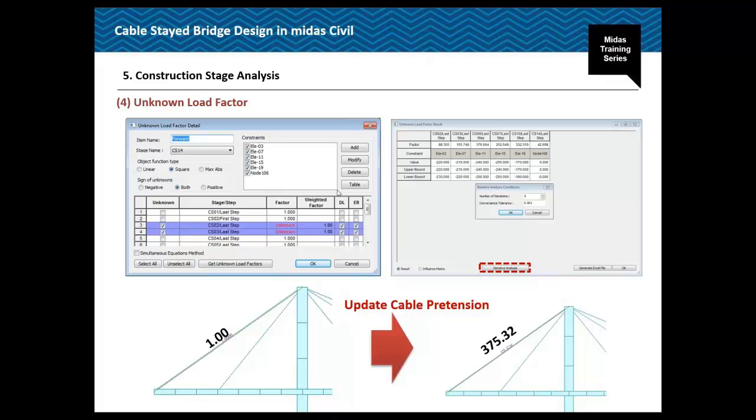Last time, in the final state without the construction stage, we added the constraint condition, and we checked the object function and how the optimized solution is found depending on each function. We can limit the value of the unknown factor as negative or both positive values. And this same function can be used in the construction stage analysis.